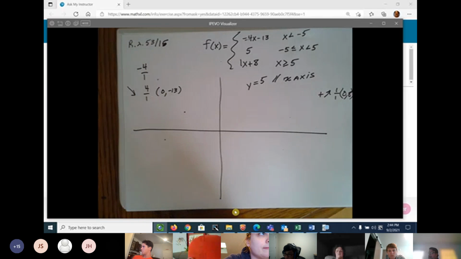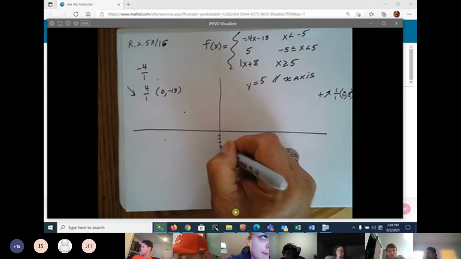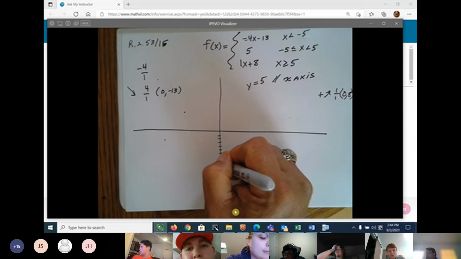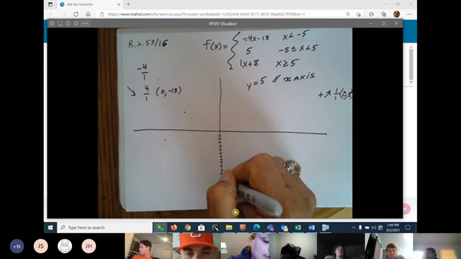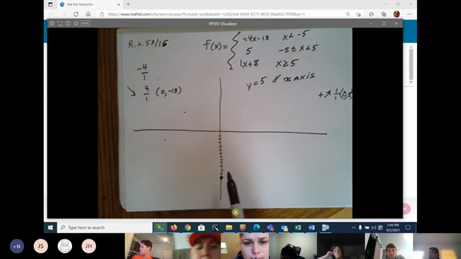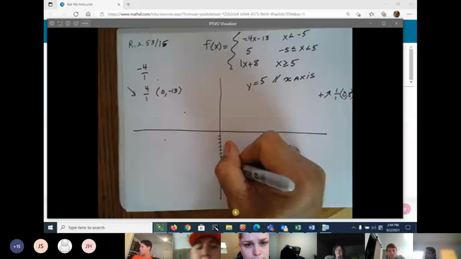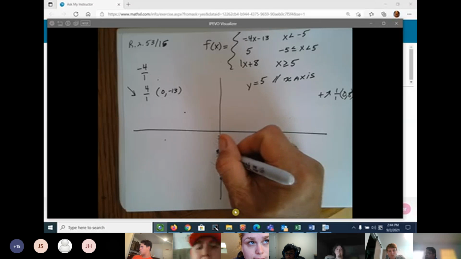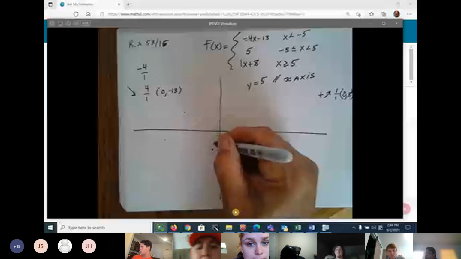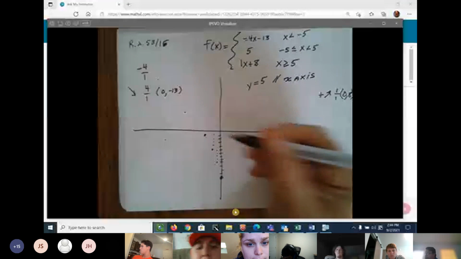Okay, so negative 13: 1, 2, 3, 4, 5, 6, 7, 8, 9, 10, 11, 12, 13. And we've got a negative slope going like this. So 4 up, 1 over, 4 up, 1 over, 4 up, 1 over.